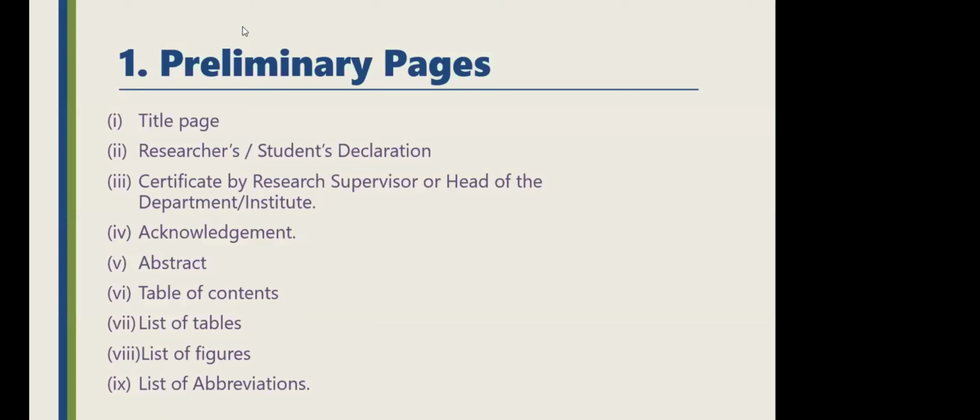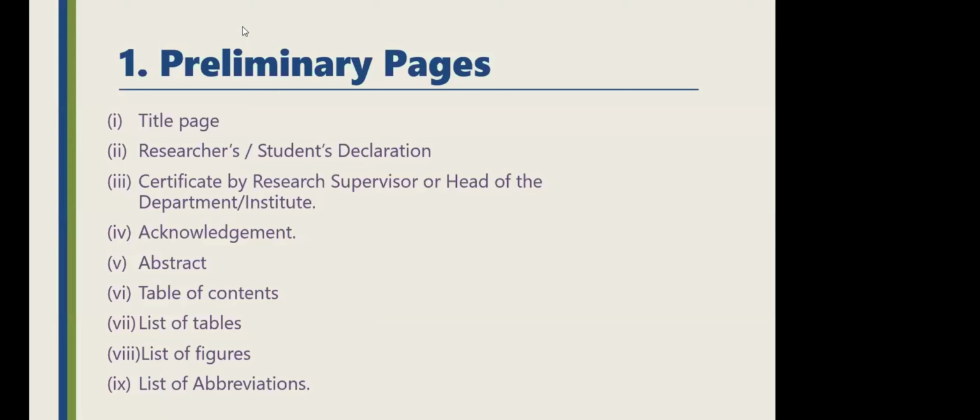First is the title page. This title page displays the title of the report and the researcher's name. It contains the institution name and also the submission date. These details should be in the title page.